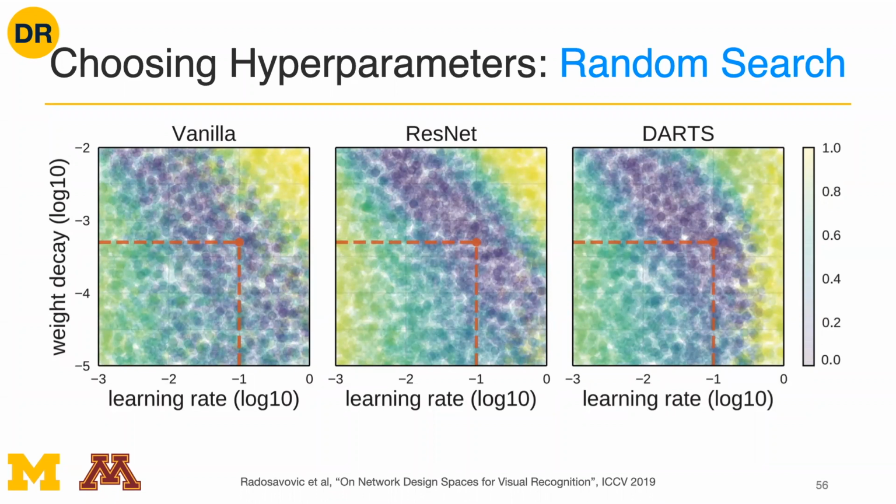So you can see that there are bands in each of these plots. And you have a vanilla network, ResNet, and DARTS, three different network architectures. But they have similar characteristics, right? Anywhere in the local area, you're not having too much of a change in the performance. So when you're doing the search, you want to have a bigger interval to figure out whether that particular area or region is what you care about.